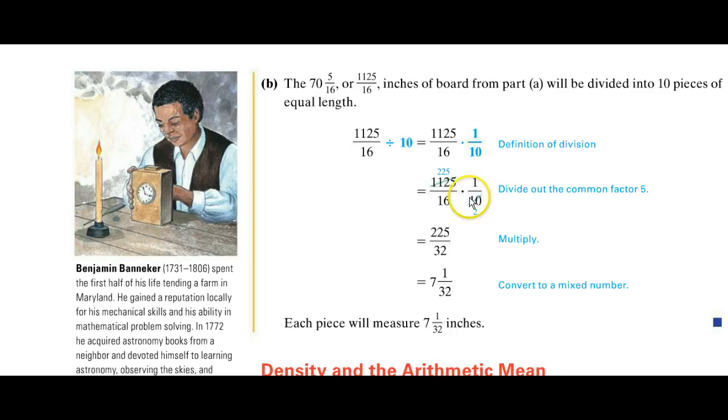Take out a 2, 5, and get a 2, and this, so that each piece will be this as an improper fraction, or this as a mixed number. And again, quite tedious and challenging.